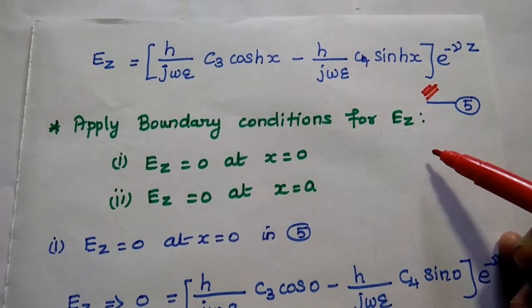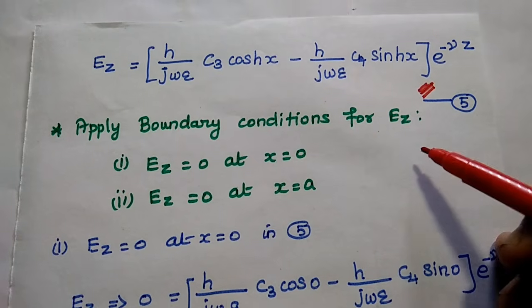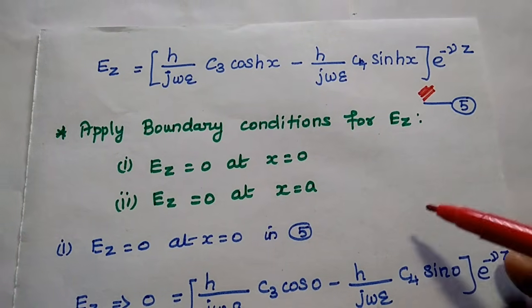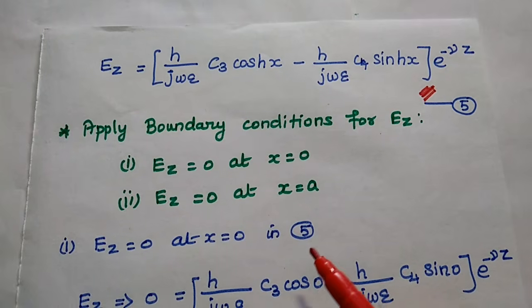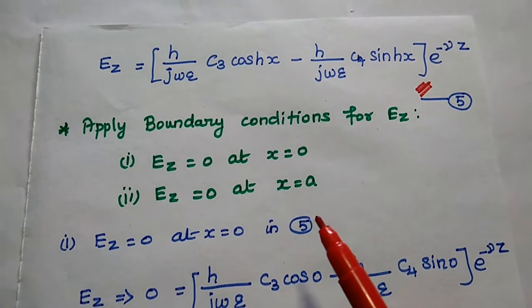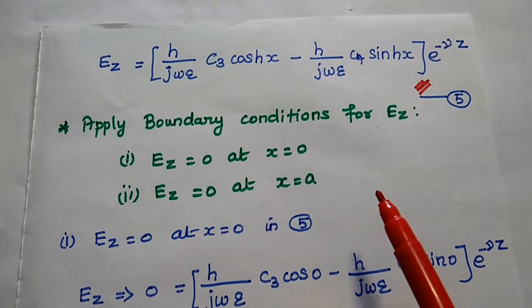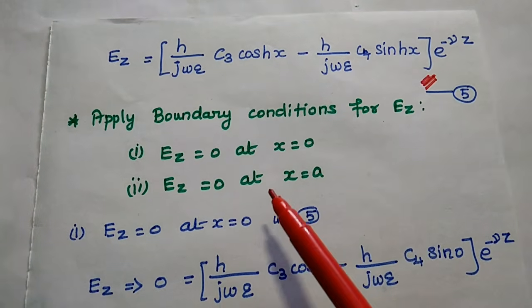Because we are going to apply the boundary condition for this Ez term to find out the C3 and C4 values. Okay, as I told you, boundary conditions cannot be applied directly to the magnetic field component. So we can apply these boundary conditions only for the electric field component. There are two boundary conditions.